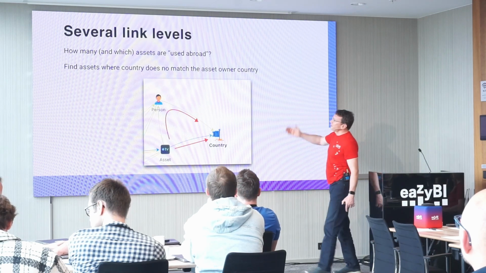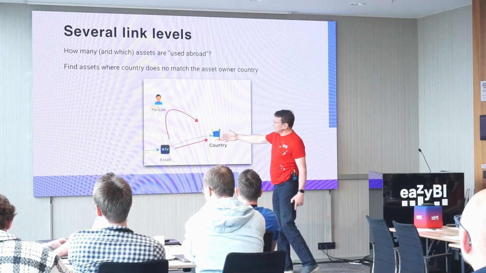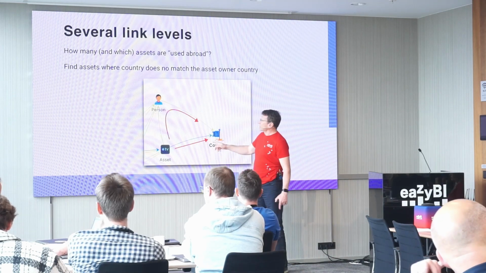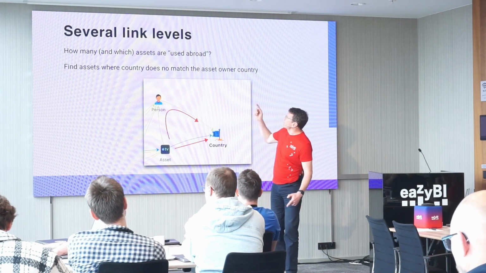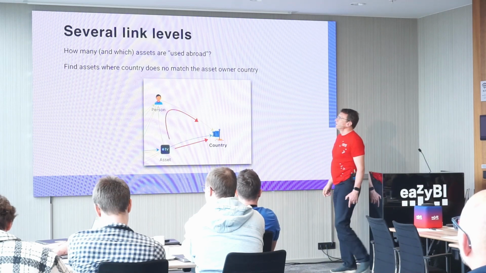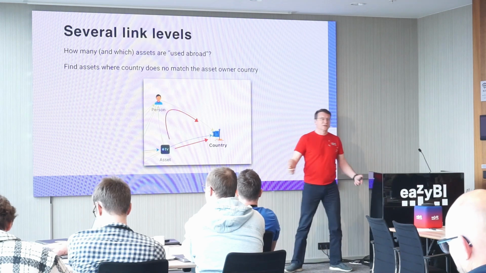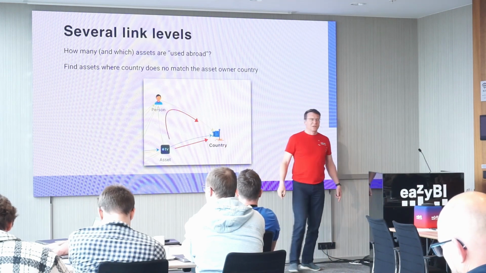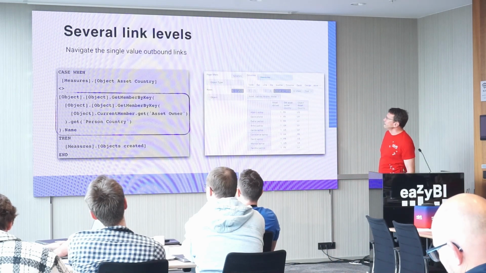Here is the case where someone could ask, from the same model where we have asset owner, asset country, and person country: can we know how many and which assets are used abroad, or find assets where the country does not match the asset owner country? We can find the country directly, but we can go through the loop. And yeah, another formula.